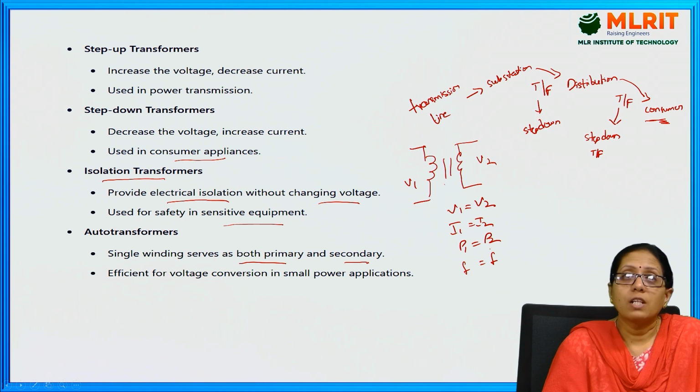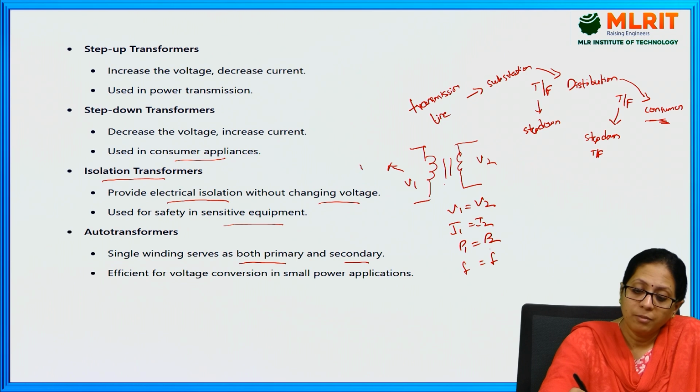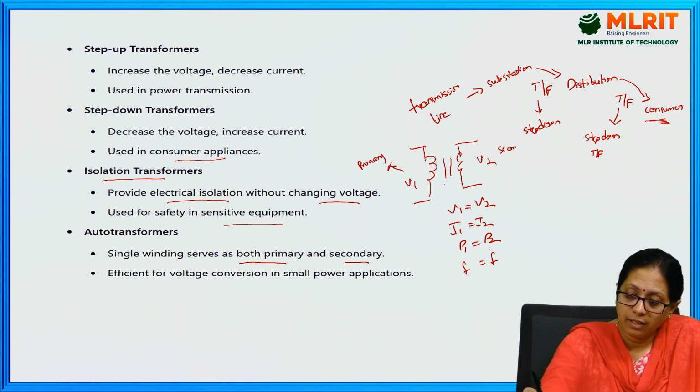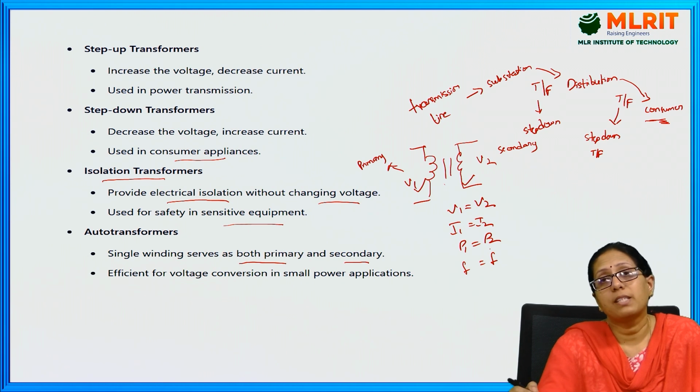In a normal transformer, we will be having the primary as well as secondary, two different windings. First one and second one, two different windings are being used for primary and secondary.